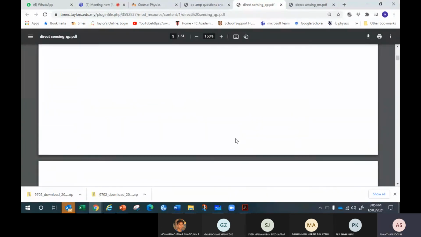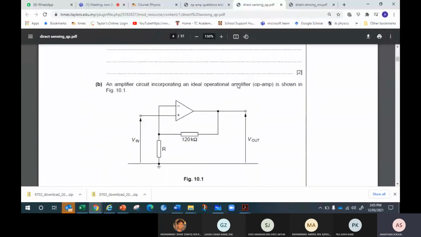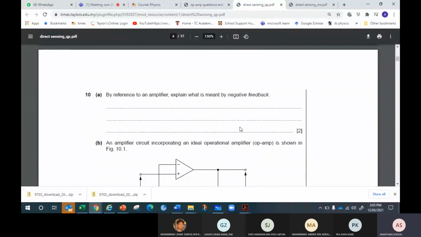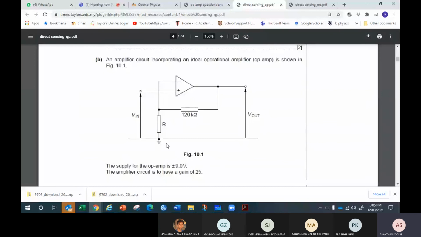Okay, question 3. First, we go for the circuit. Look at the circuit. What type of circuit is this? Comparator, inverting, or non-inverting?